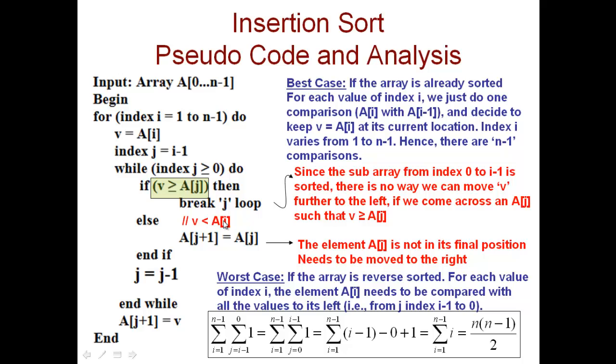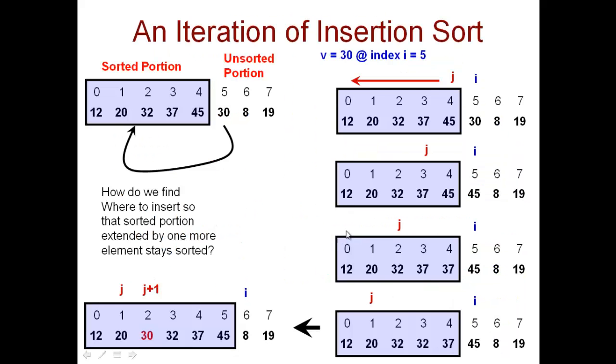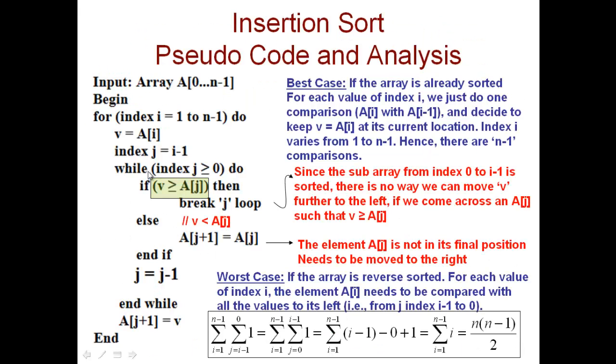So if a of j is less than or equal to v, right? So like in this case, a of j is 20, less than or equal to v, which is 30, and that's the time we break from the j loop. So that's what I show here. If a of j is less than or equal to v, that is same as telling v greater than or equal to a of j, both mean the same.